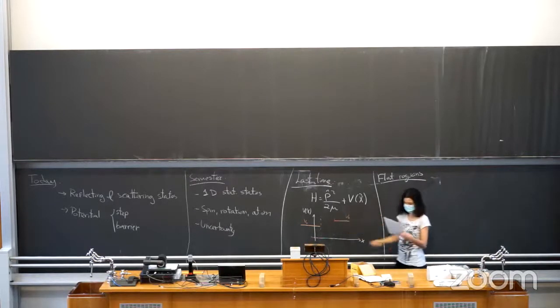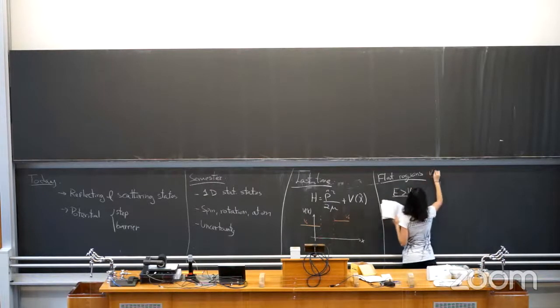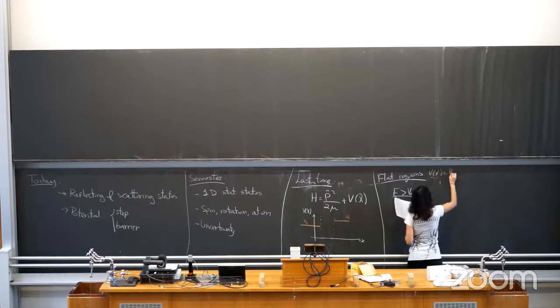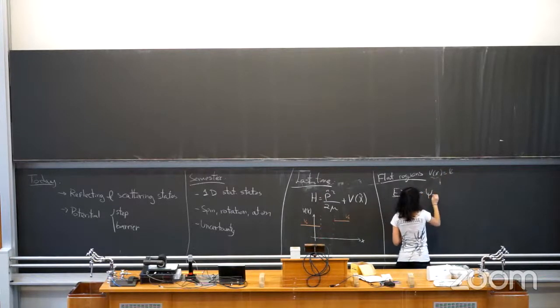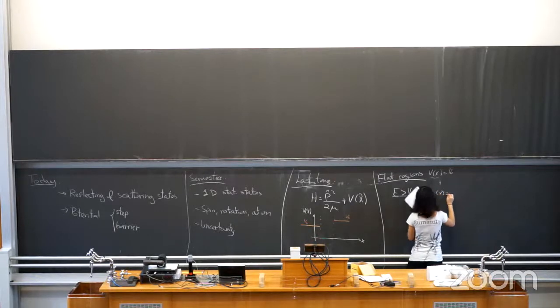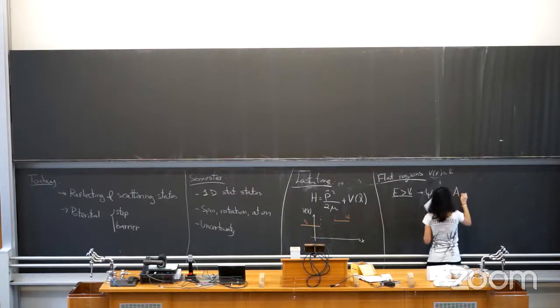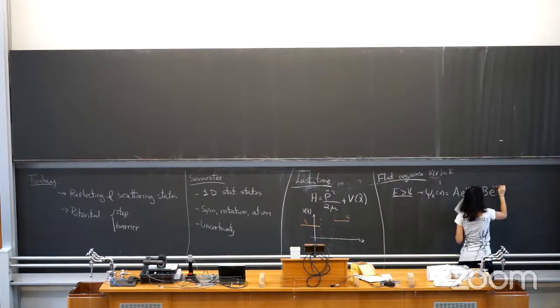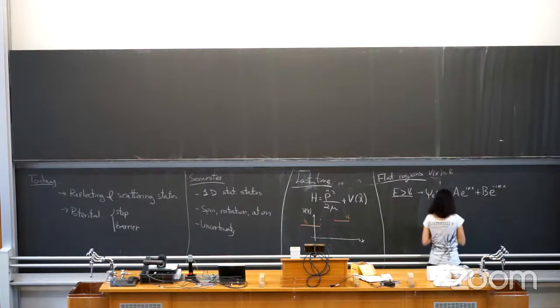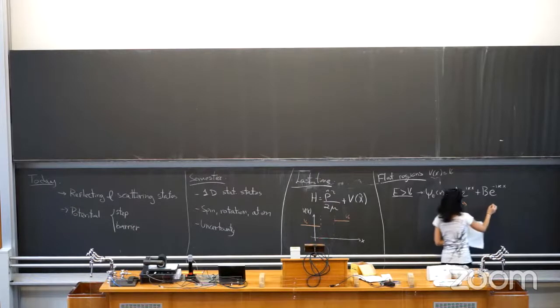For E larger than V0, in this flat potential zone, the general solution is of this form. This corresponds to a wave moving in this direction, and this corresponds to a wave moving to the left.